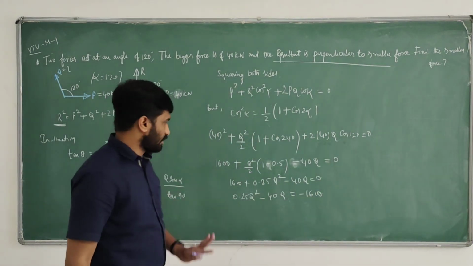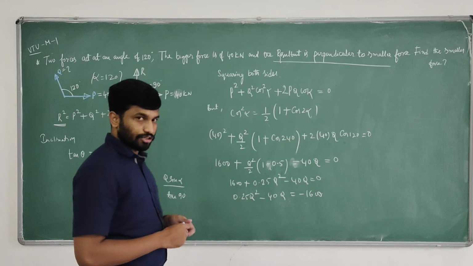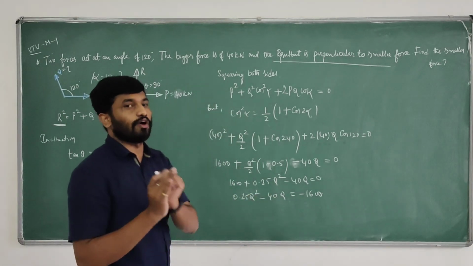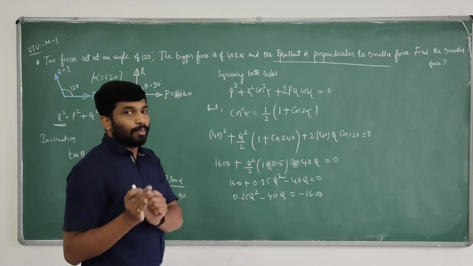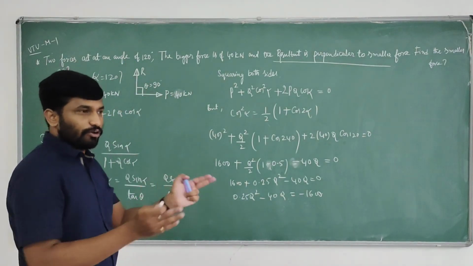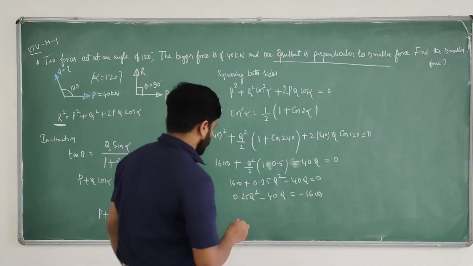It's a quadratic equation. Solving this quadratic equation, we get two values, one positive and one negative. But if you observe, the problem is asking for the smaller force, so you take the lesser value.